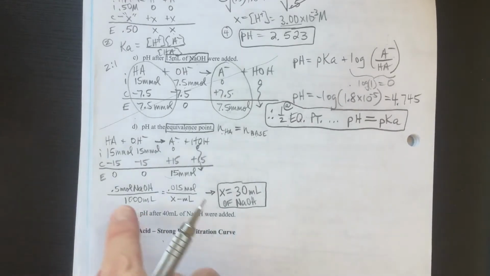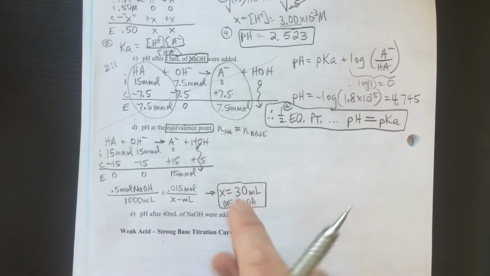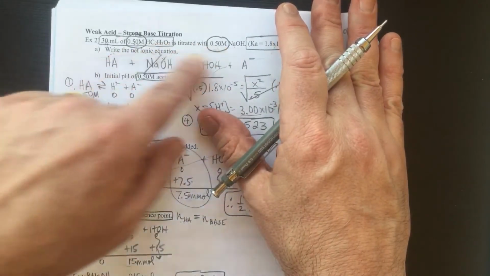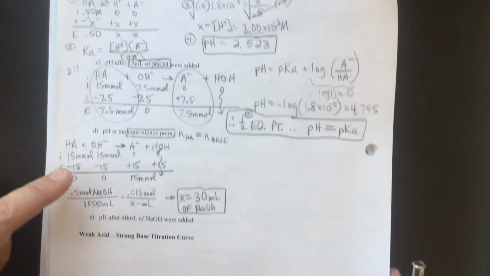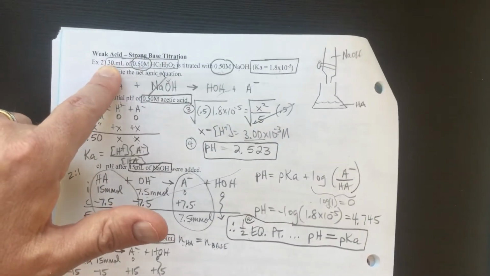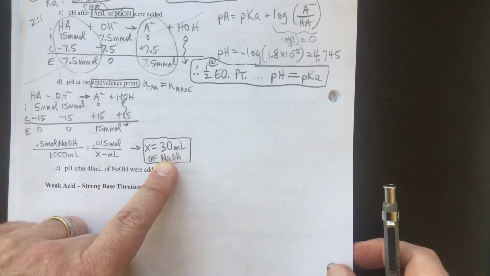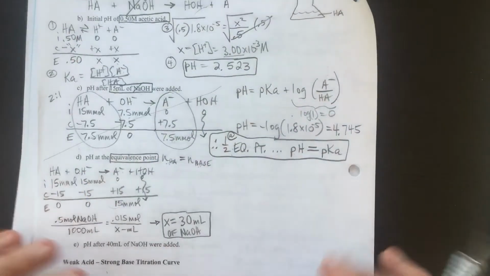Quite frankly, this math is unnecessary in this problem, but I wanted to set it up so that you could see what you're doing when you end up with much wackier numbers than simply 0.5s, as you know you will. So now we know that we started with 30 mils of acid. We know we must have delivered 30 mils of sodium hydroxide to get us to the equivalence point. So 30 mils plus 30 mils, now we know we've got 60 mils.